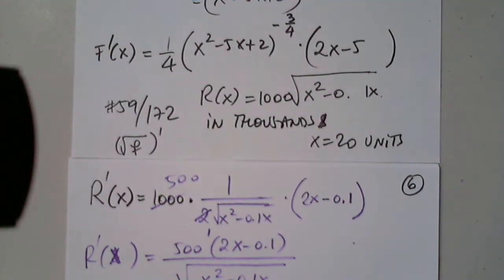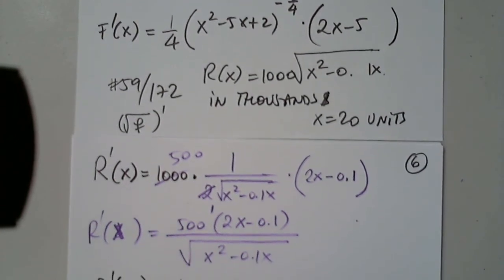minus 0.1x. So I see the function. I get out of there, I can go to second and table, and I plug in my 20. So when I plug in 20, I got 1,000.